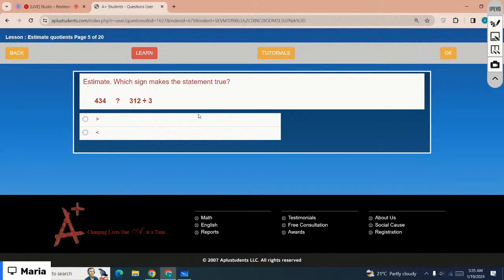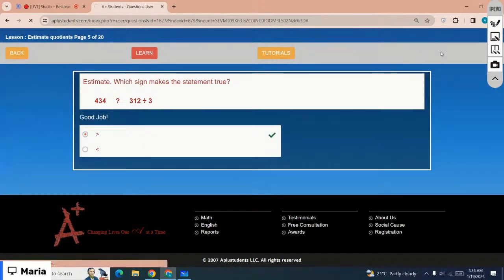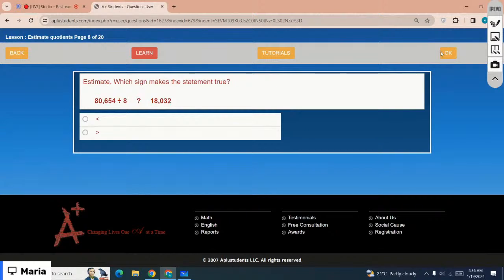This one is greater. Very good. Okay, estimate 80,658 divided, you have to compare it to. Yes, less it is. If you round off 80,654 to 80,000, that would be less. The correct option is less than.